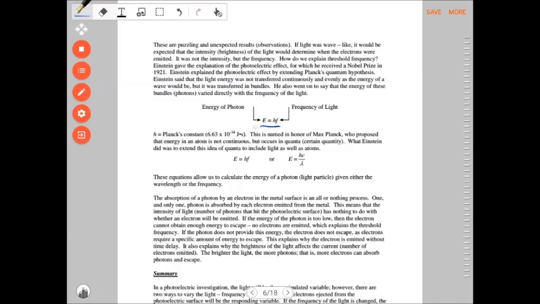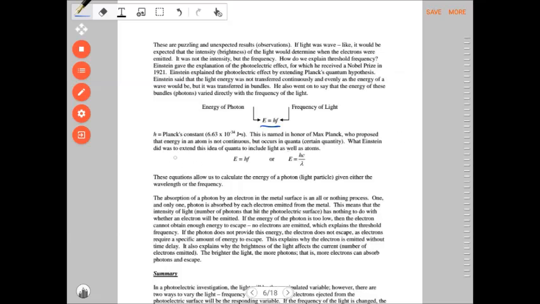The energy of the photon is simply E, the frequency of the light is f, and h, of course, was Planck's constant, 6.63 times 10 to the negative 34, named in honor of Max Planck, who proposed that energy of an atom is not continuous, but occurs in quanta.